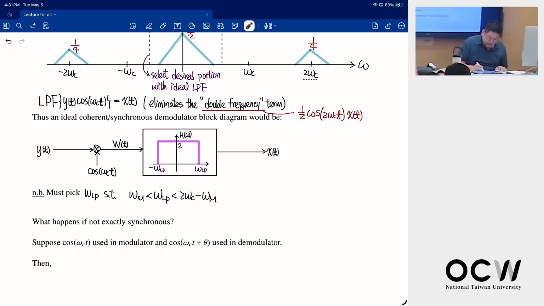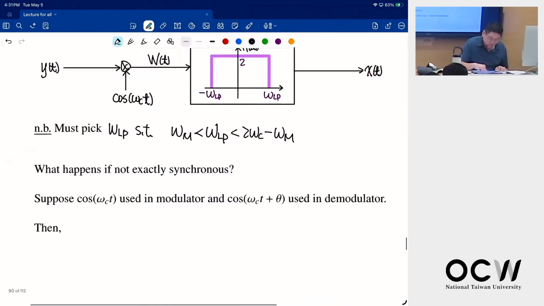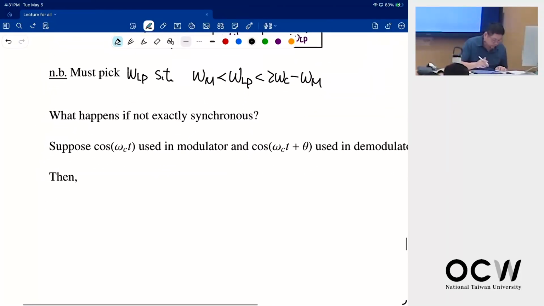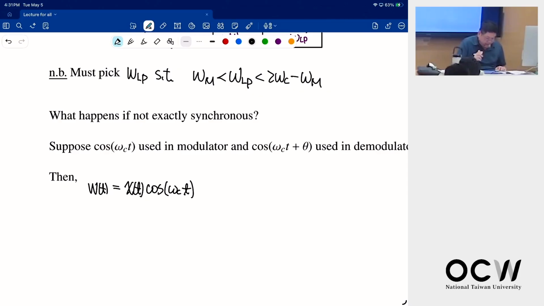In this case, my w will be x cosine omega ct, that is the output y, times cosine omega ct plus theta.